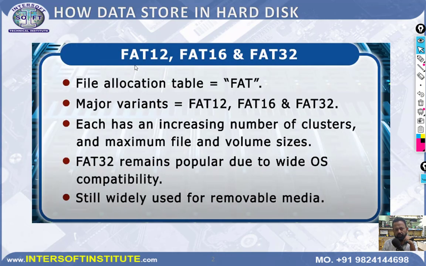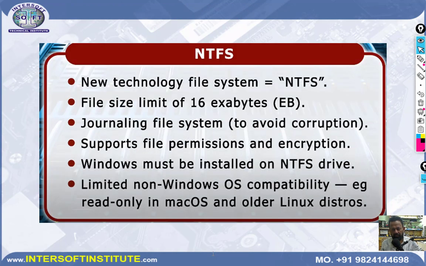There are different types of FAT: FAT 12, FAT 16, FAT 32, the old ones. File allocation table variants are 12, 16, 32, each with an increasing number of clusters and maximum file volume size. Then NTFS, New Technology File System, file size limit is 16 exabytes, a generalized file system to avoid corruption, with support for permissions and encryption.